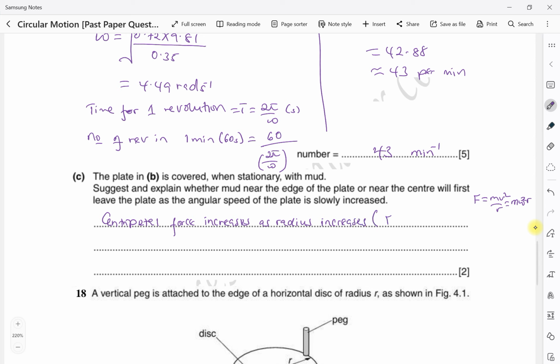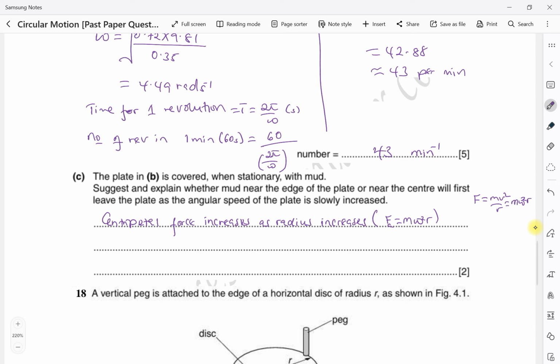In bracket, I've shown that F equals m omega squared r. Remember, the frictional force is not increasing. If the centripetal force increases, yet the frictional force is not increasing, it means the frictional force at the edge is less than the centripetal force, so it is going to fly off first at the edge.